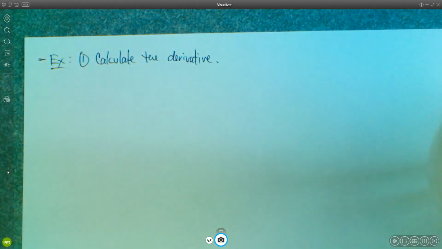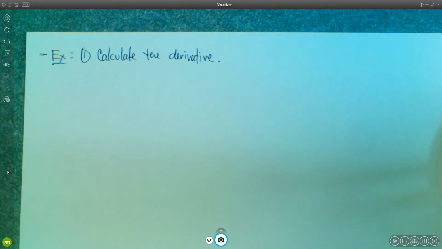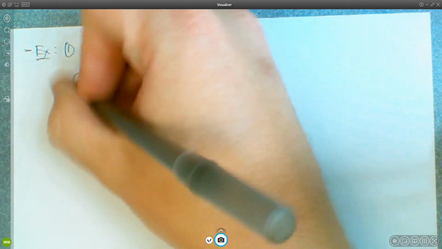A lot of times students and even instructors, and I might make this mistake from time to time as well, might use the verb derive. They might say derive this function. What they really mean is differentiate the function, right? Derive means something else. Derive means to sort of come up with the function, right? Differentiate means find the derivative of the function. So anyway, the verb is differentiate. Anyway, so let's differentiate some functions.